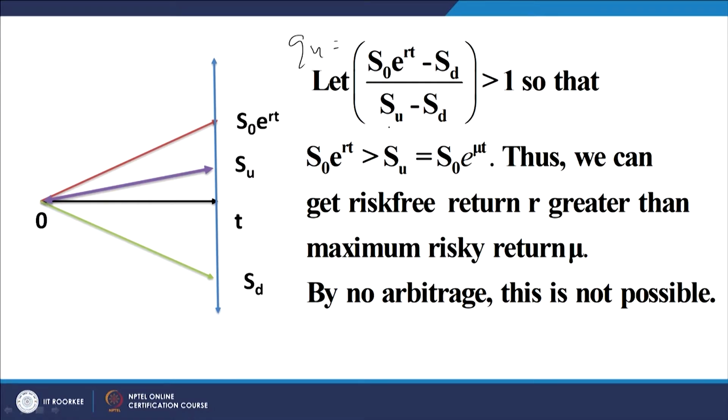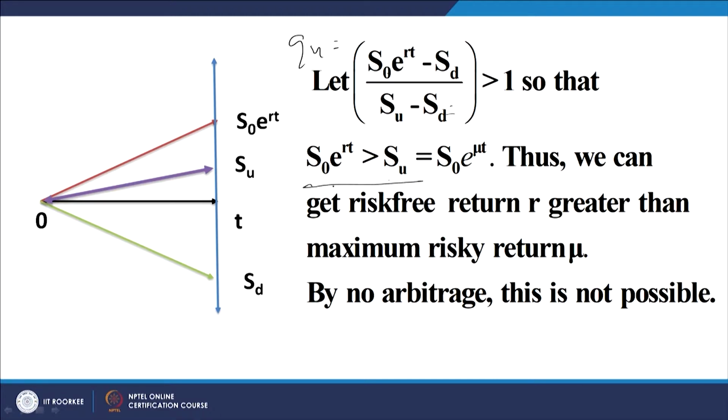If this is greater than 1, then we have S0 e to the power rT minus Sd greater than Su minus Sd. When you cross multiply by Su minus Sd, because that is positive, there is no problem regarding sign; the inequality will remain unchanged. Sd will cancel out. You get S0 e to the power rT is greater than Su.